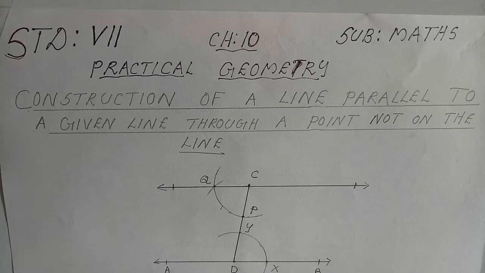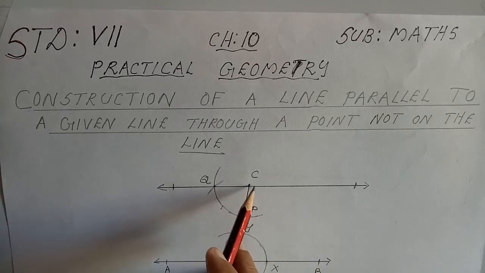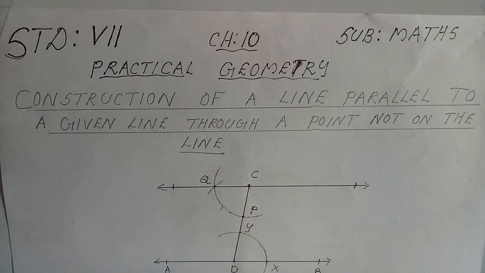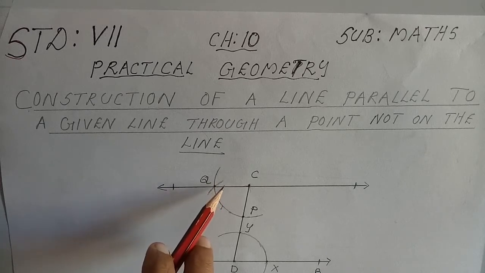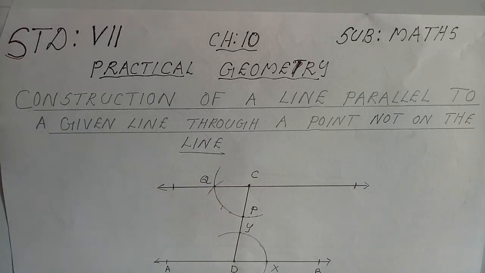Then next step, with center C, draw another arc of the same measurement so that it can cut the line CD at the point P. Then take the measurement XY, then keep the compass at the point P and draw one arc so that it can cut the previous arc at one point and let it be Q. Then join CQ so that the line will be parallel to AB. Let this line be L, and let AB be M. So L and M are parallel lines.